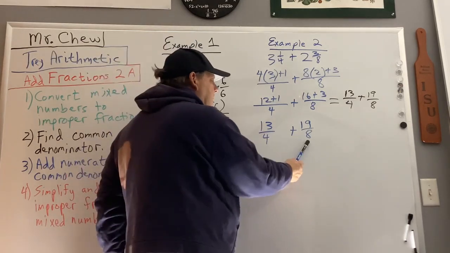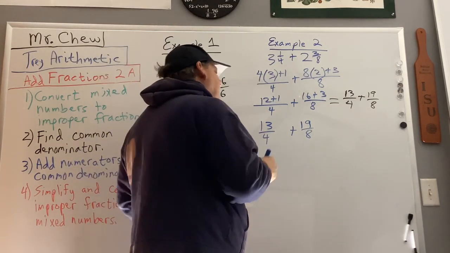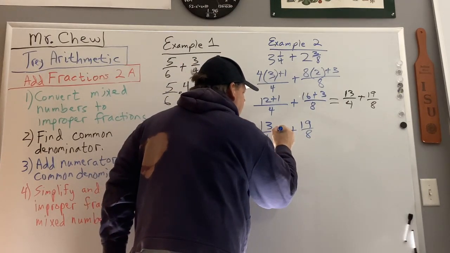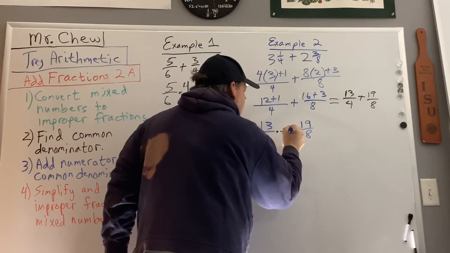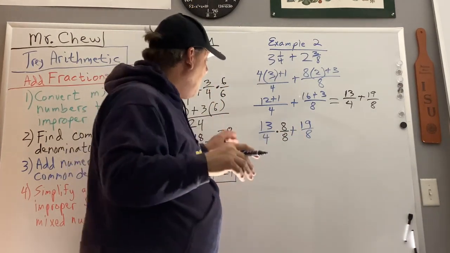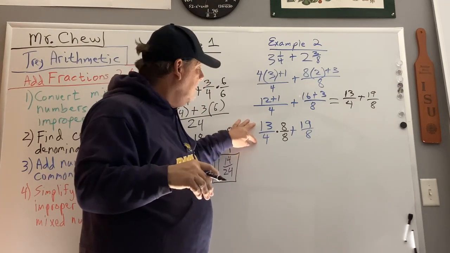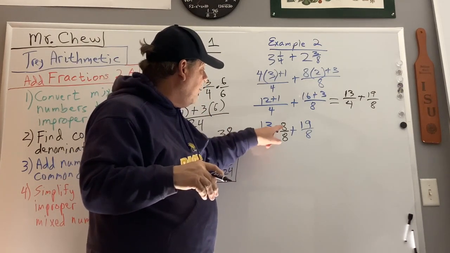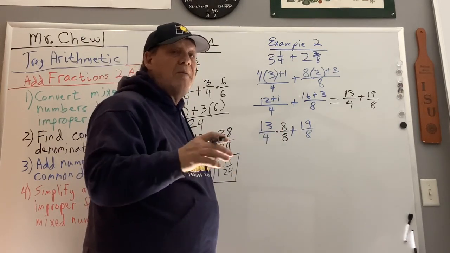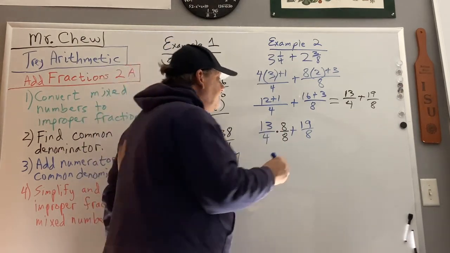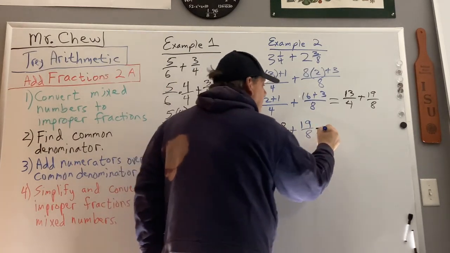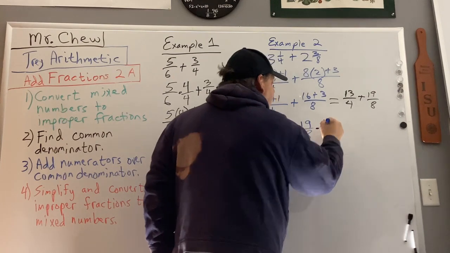The easy way to do this is to take this denominator and multiply it by this denominator. But remember, you have to always keep the fractions equivalent. So I have to multiply the denominator and the numerator by the same number. And 8 over 8 is 1, and when you multiply by 1, you get that same number back. This 8 can be multiplied by 4, but it has to be 4 over 4.